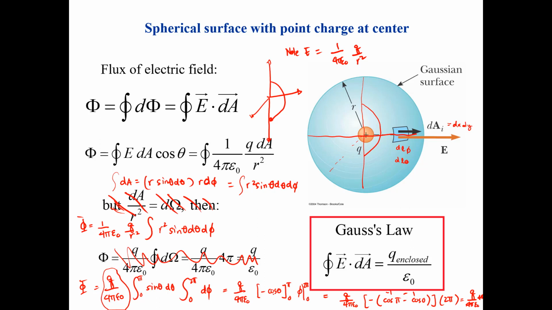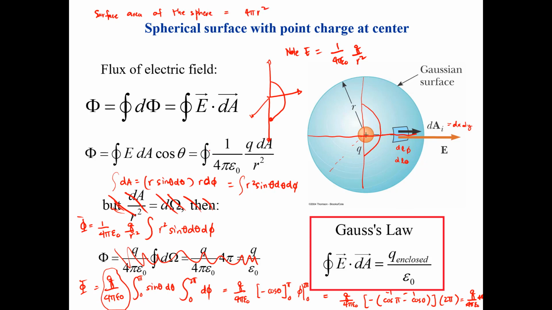So, the answer for this integral of sine theta d theta d phi, you will get 4 pi, then with the r squared here, that is actually the surface area of the sphere. Surface area of the sphere, which is equal to 4 pi r squared.